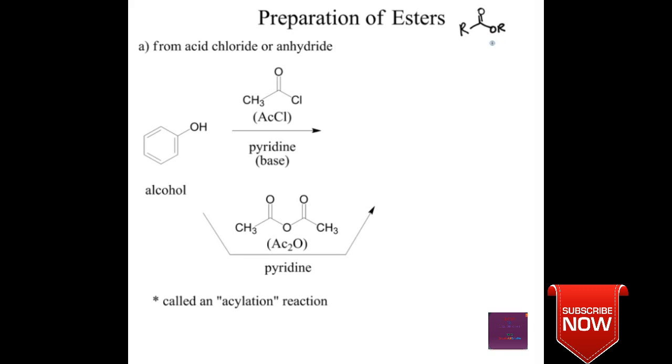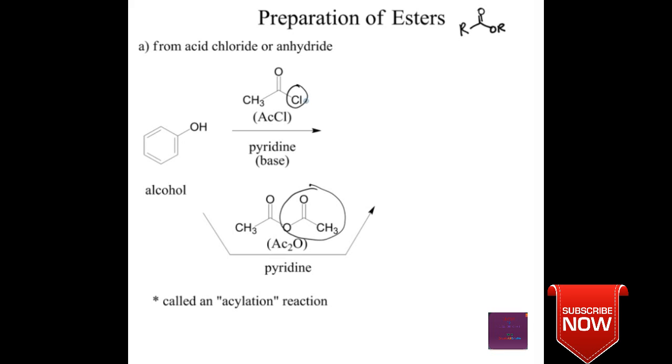Well, we could look at our two most reactive acid derivatives, the acid chloride and the anhydride. The acid chloride, great leaving group. The anhydride, great leaving group. And so in fact, in preparation of esters and amides and others, we'll find that very often anhydrides and acid chlorides are used interchangeably. They're both very, very good leaving groups. So let's see what will happen here.